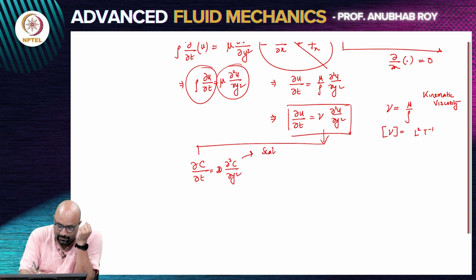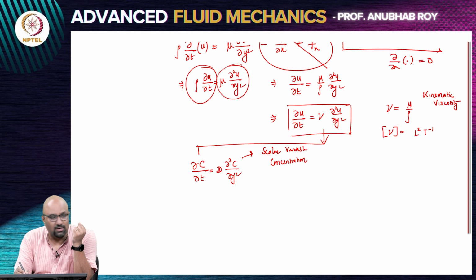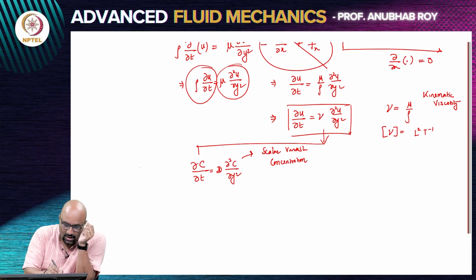This could be concentration. Let's say you have salt that is added to a fluid and you are looking at diffusion of salt. So, this is a diffusion equation. It is an unsteady diffusion equation.